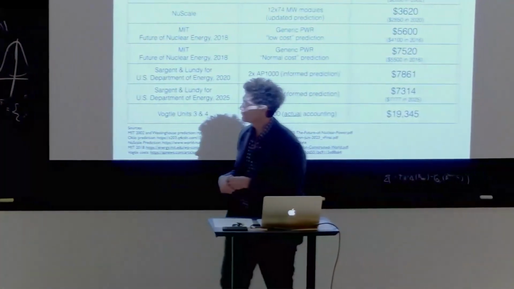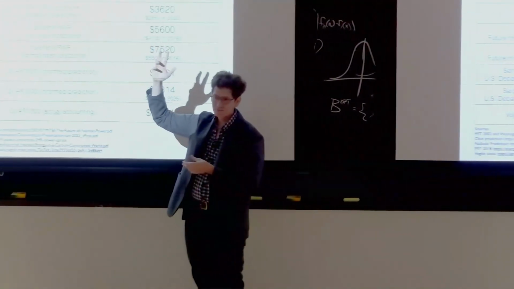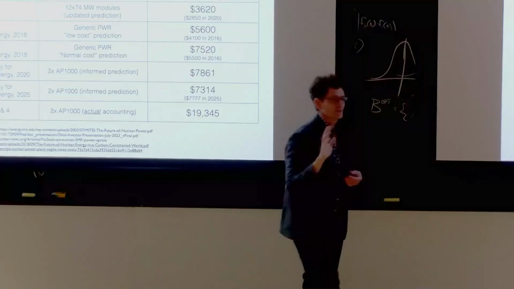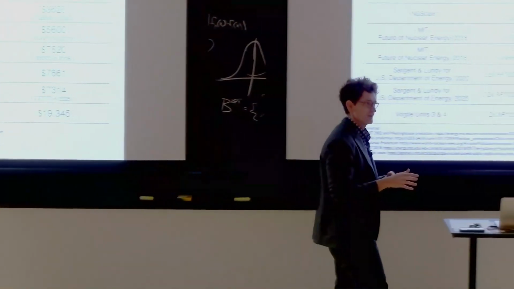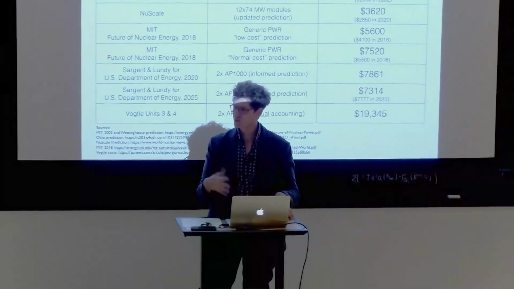So where do these numbers come from if we didn't build any plants in the US until we built this? They came mainly from looking at what was happening in other countries, and people saying, well, if that country can do it, then we can do it.